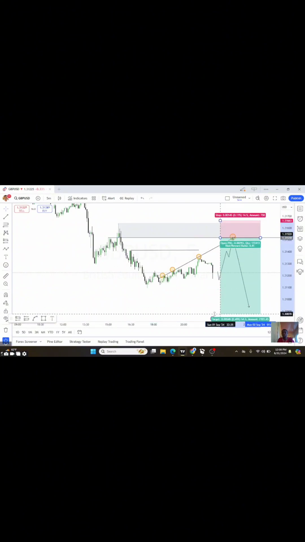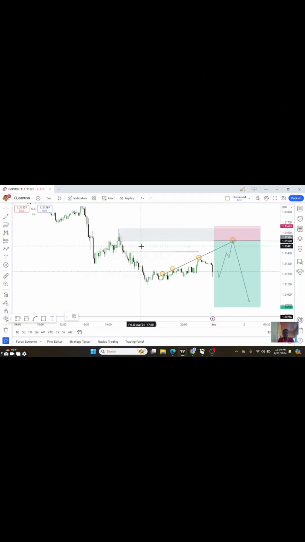I want to see price drop from that supply zone right there. That's my QML level. Then my supply candle.